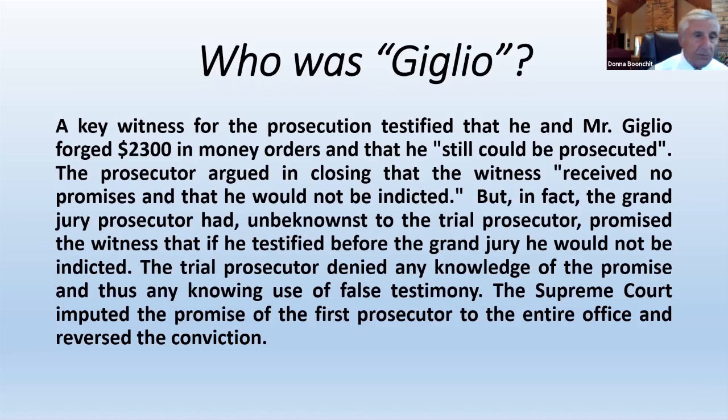But the United States Supreme Court imputed the promise of the first prosecutor to the entire office and reversed the conviction. So even though the trial prosecutor didn't know that his witness was testifying falsely, it was imputed to him because someone in his office had made that promise that he would not be. Kind of almost a double-blind perjury type of situation.